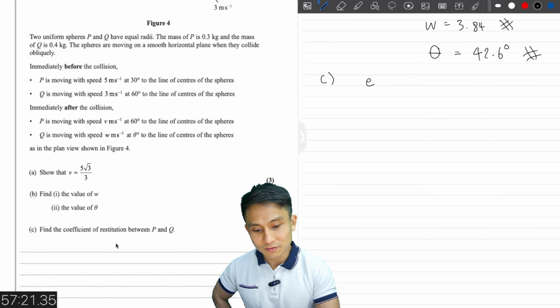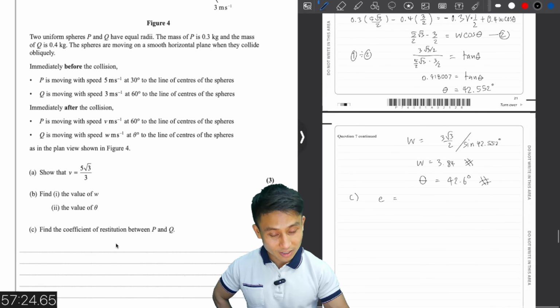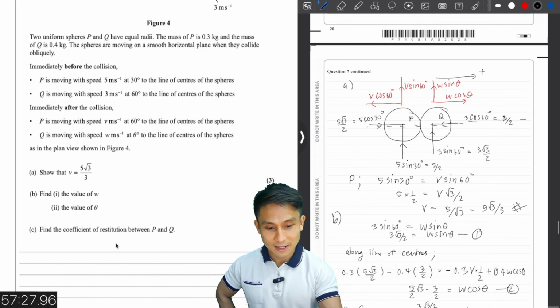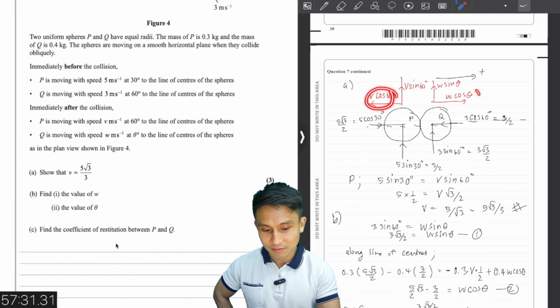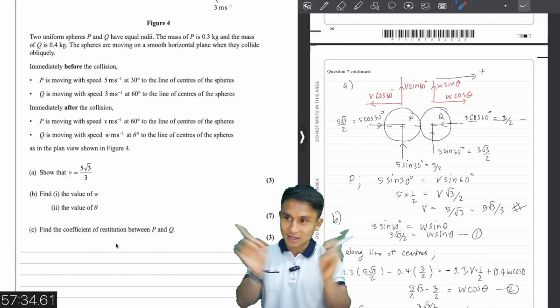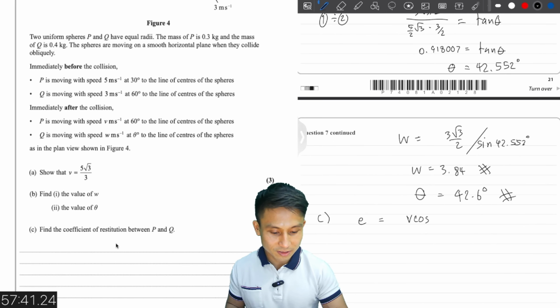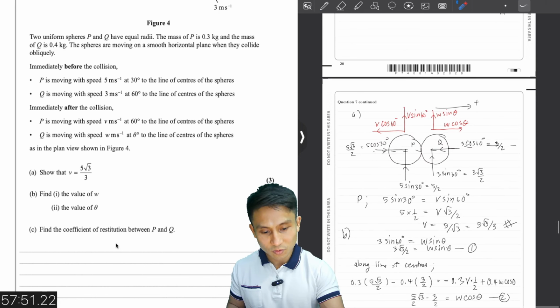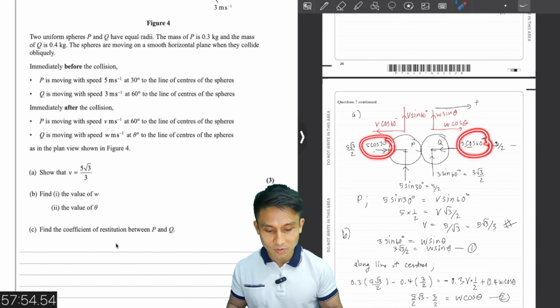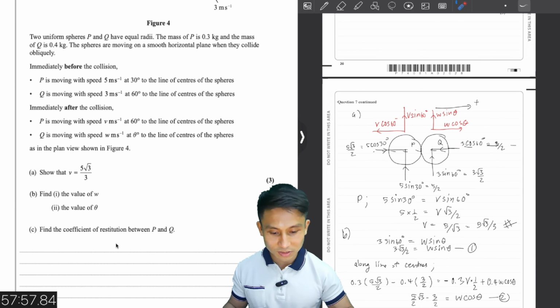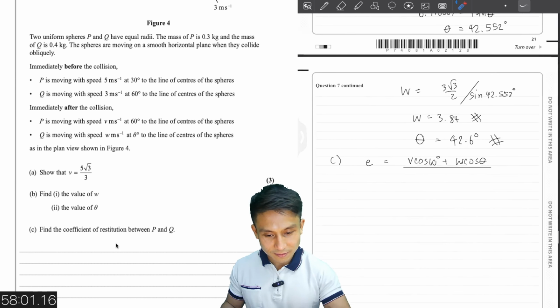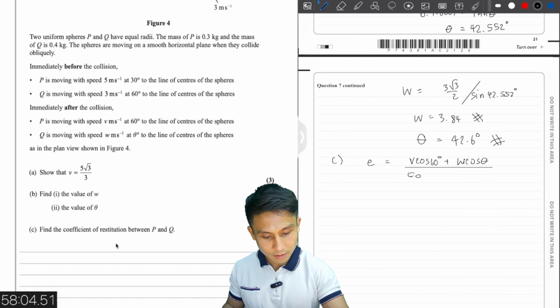Along the line of centers, the relative speed of separation would be that plus that, because they go in opposite directions: V cos 60 plus W cos theta, divided by the approach speed. That would be this plus this, because they go head on in opposite directions. So 5 cos 30 plus, what's that again?